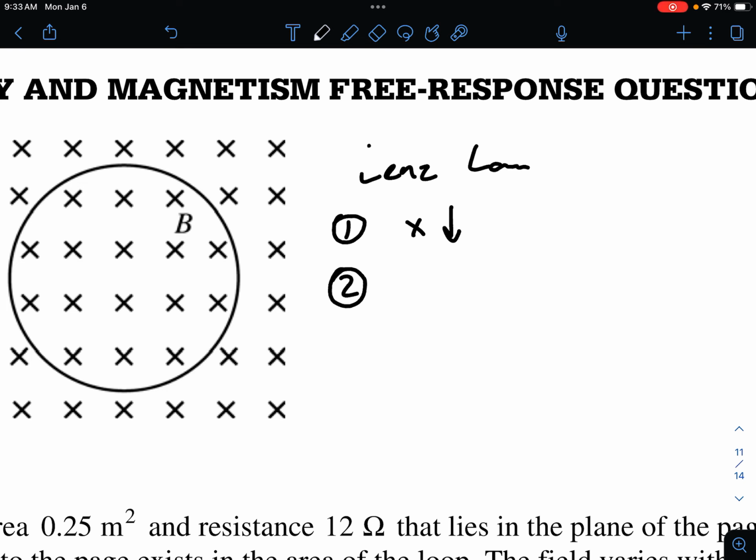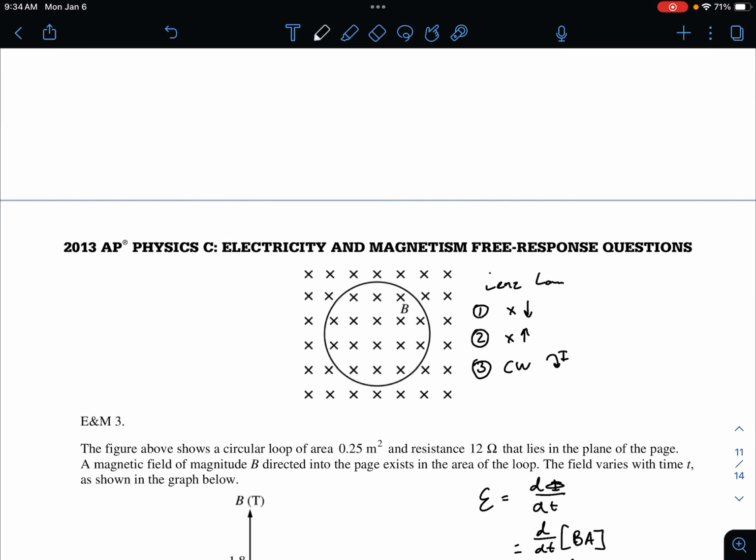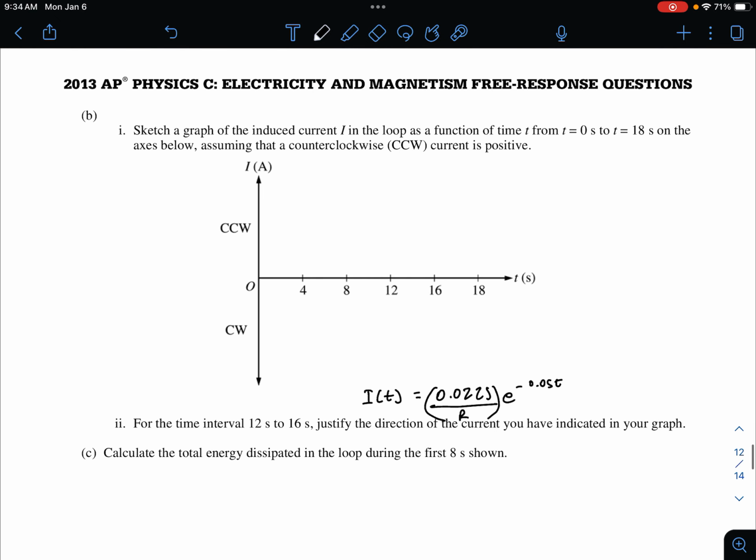So what's the opposite of that? You need more going into the page to counteract that. How do you get more? You would need clockwise current, which will get more into the page.